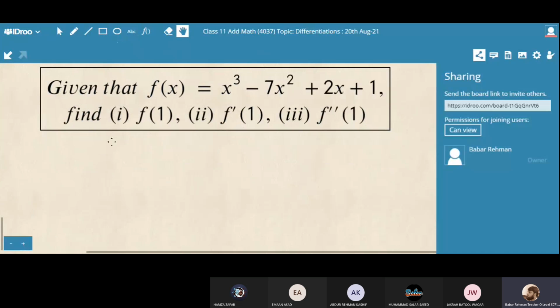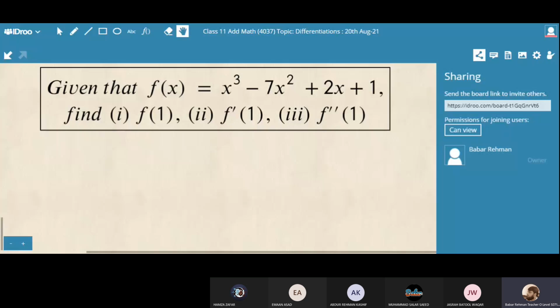Can anybody tell me what does it mean in part 1? We have to input the value 1 as the x value in the given function, right?